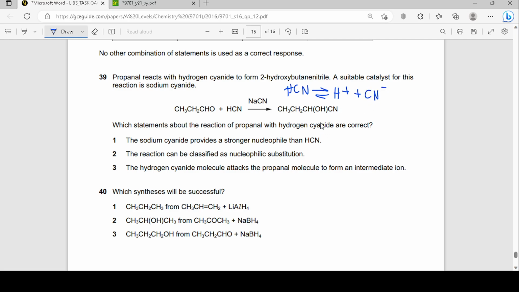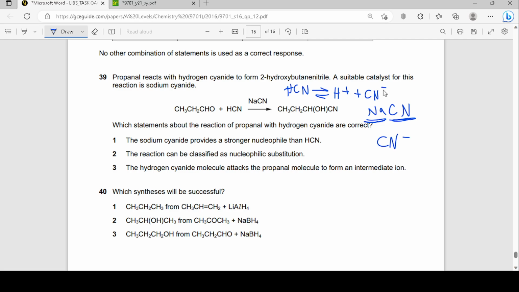So the concentration of CN- ions is not very high with HCN. But in NaCN, Na and CN have a much greater electronegativity difference. Na+ is more electropositive. So there's a much greater electronegativity difference between Na and CN compared to H and CN. Because of that, CN- is formed more easily, or in greater amount.